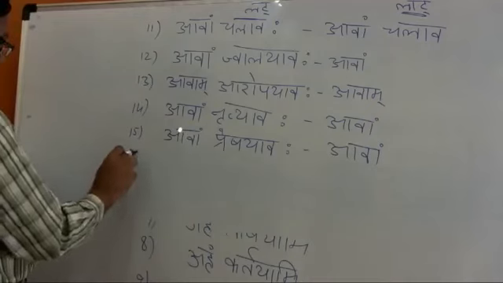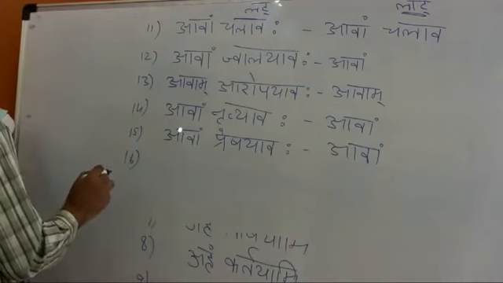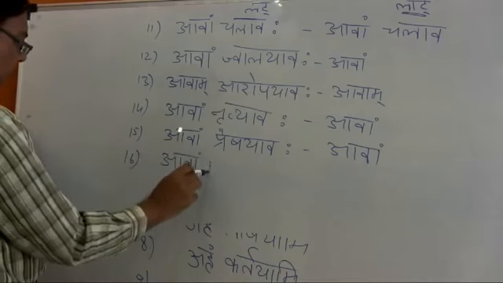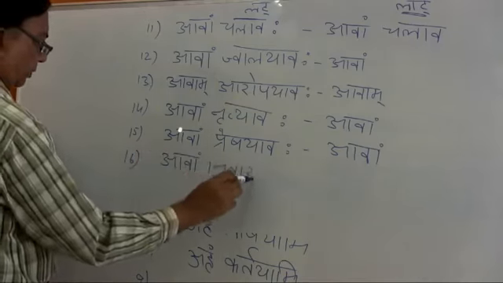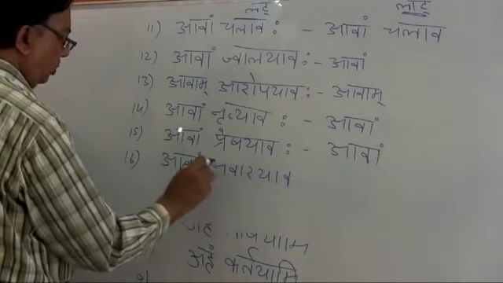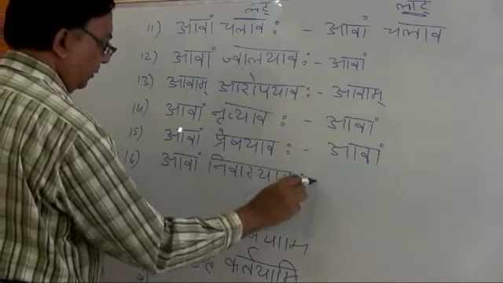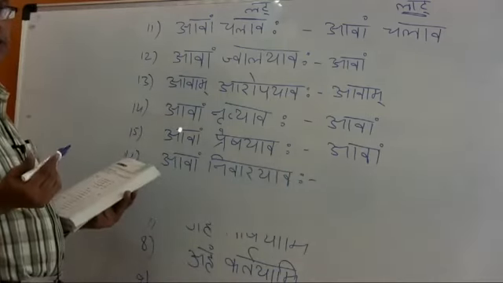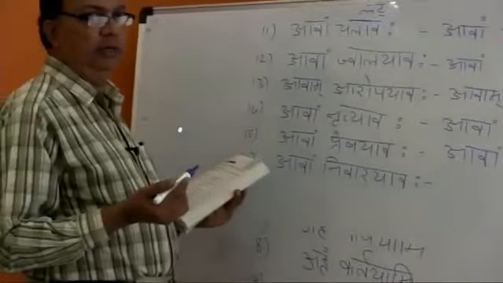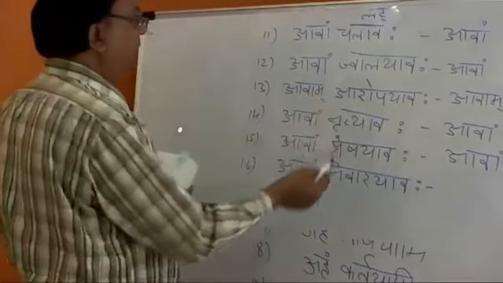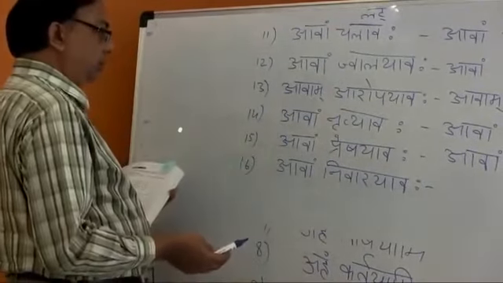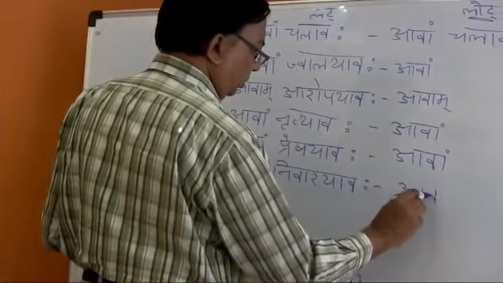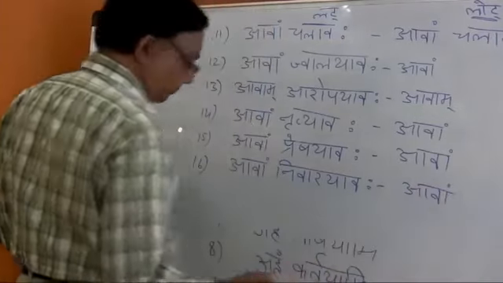Sixteenth one, Avam nivarayavaha. Now, if you watch and listen carefully, everywhere the sound avaha is coming. In the first, we have just seen ami. In the second, it is avaha. In the dvivachana, first person dual number, avaha comes. So, avam, we will convert this into imperative after writing.